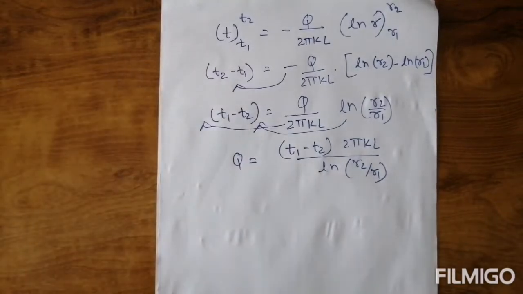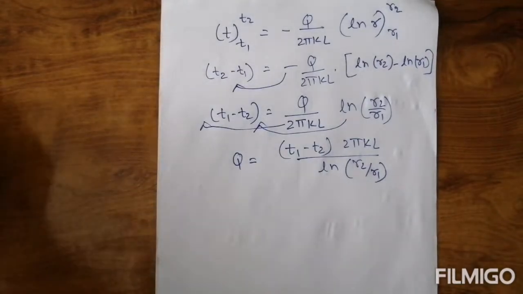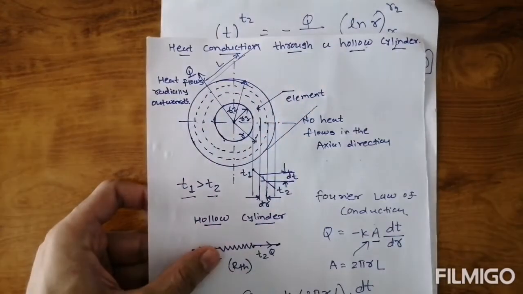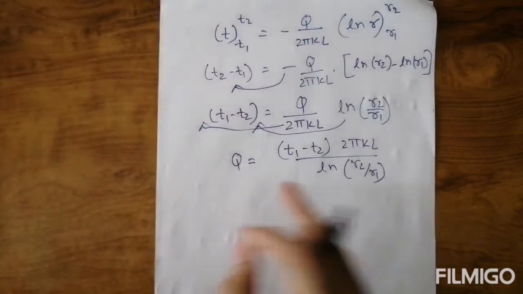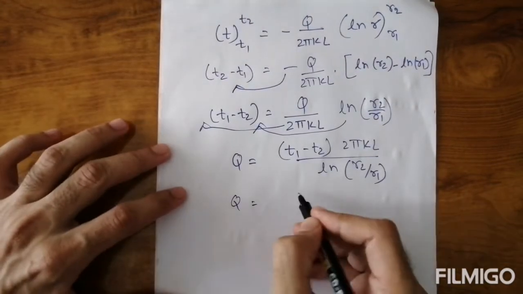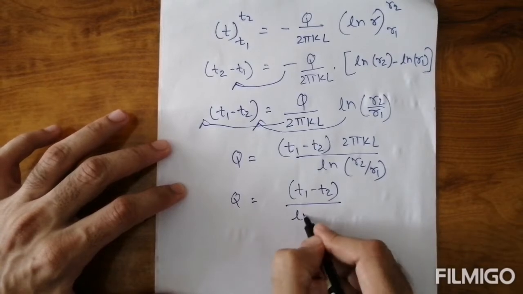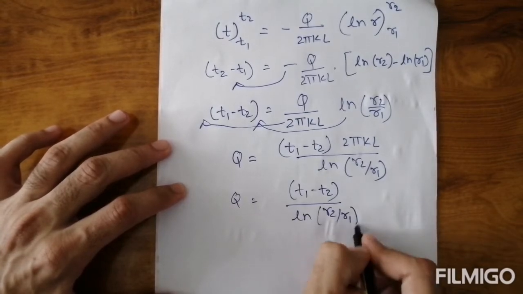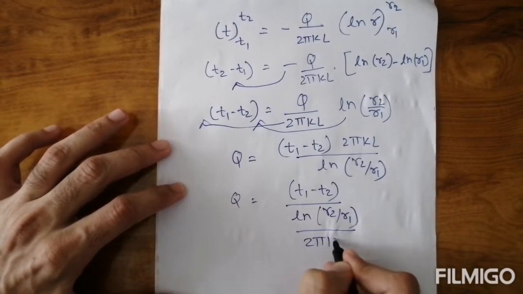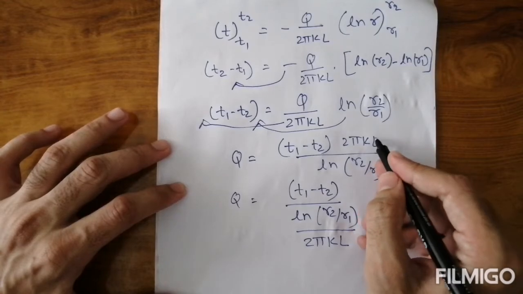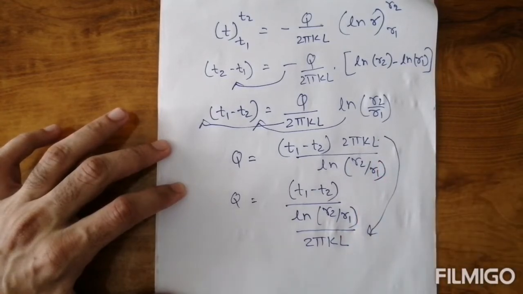That is your equation for the rate of heat transfer, or we can say heat conduction through the hollow cylinder. We can also write Q is equal to T1 minus T2 divided by ln R2 by R1 divided by 2 pi KL. I am just taking the 2 pi KL below.